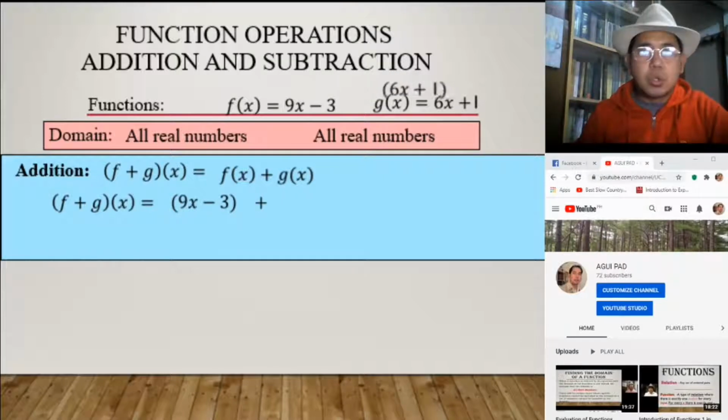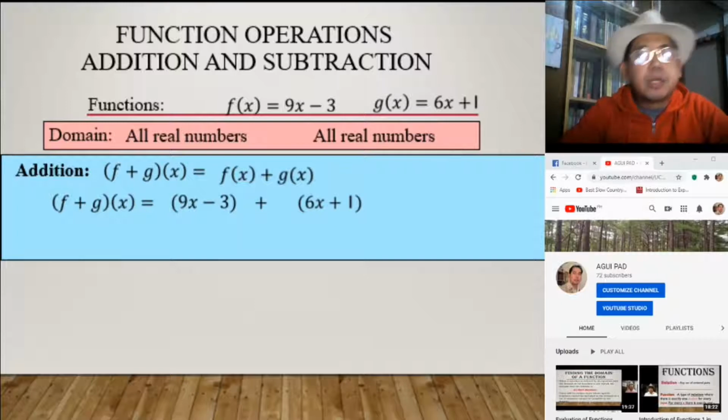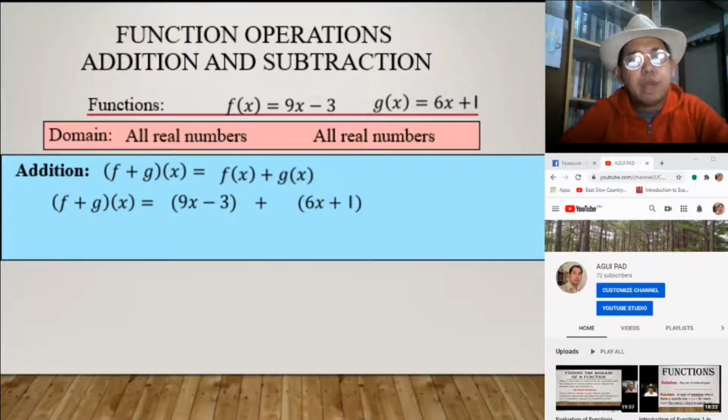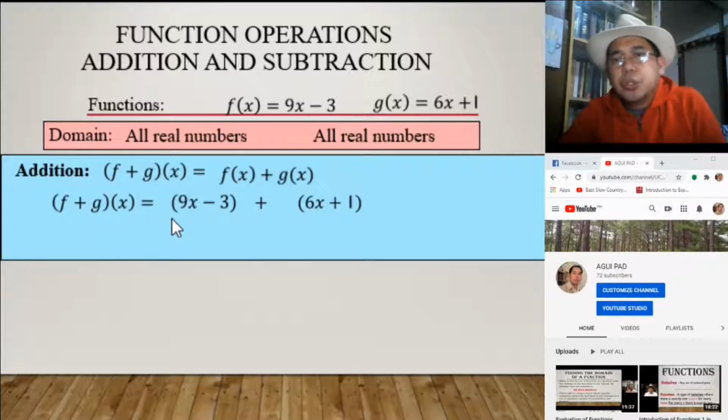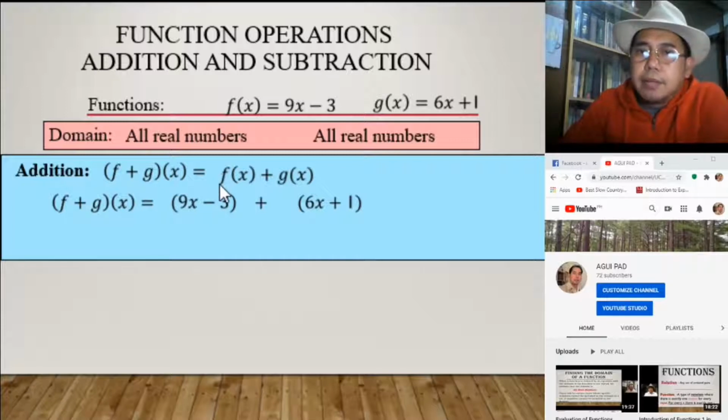As you can see, we have now an illustration to add the two functions involved. To add the two functions, you are going to add the definition of f of x, which is 9x minus 3, added with the definition of g of x, which is 6x plus 1.